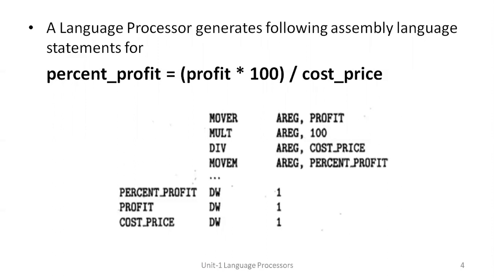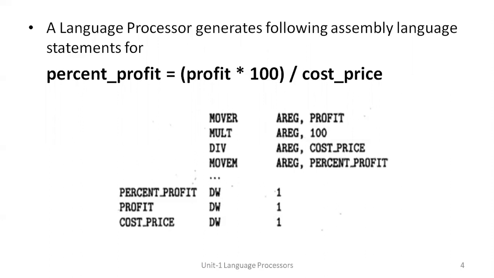Whatever code is generated by language processor is called as assembly language. Here, MOVER A register, profit will move the content of profit from memory location to the A register. MOVER indicates move from memory to CPU register.